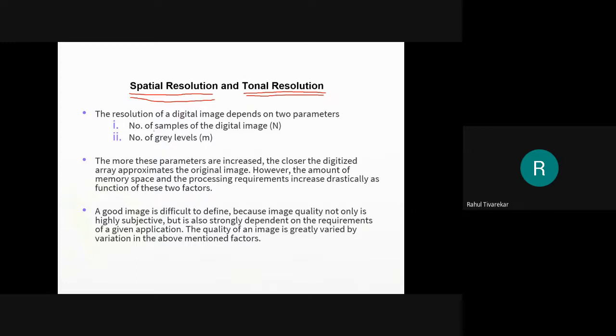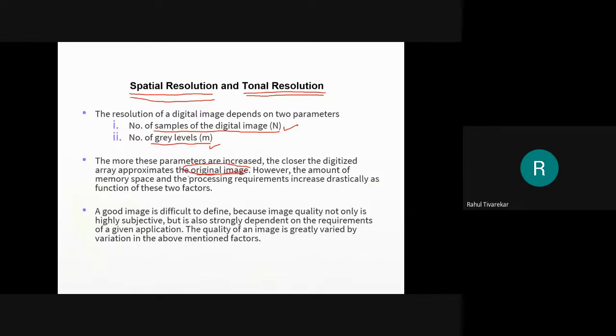We have the number of samples in the digital image represented by capital N and the number of gray levels represented by small m. The more these parameters are increased, the closer the digitized array approximates the original image. As I said, if you use more pixels with more intensity levels, you will go closer and closer to the original image.